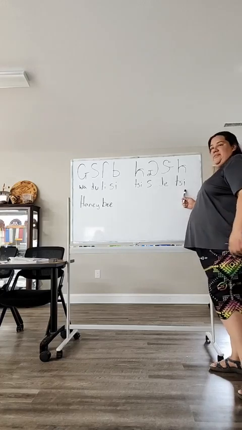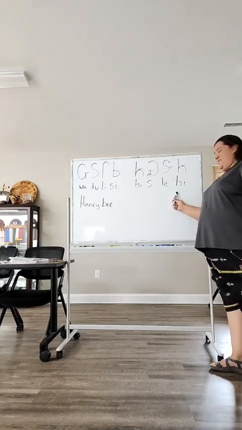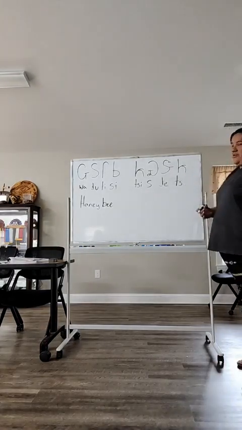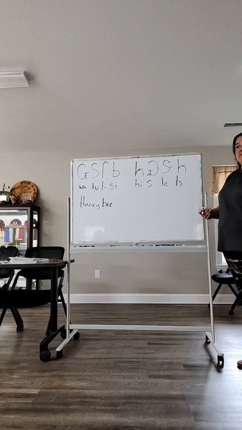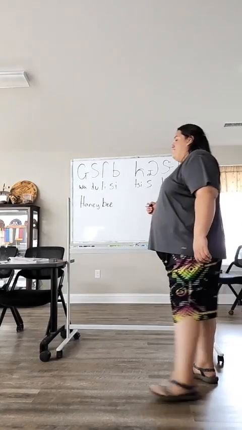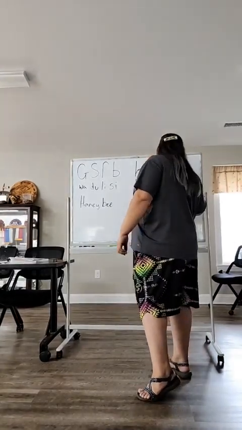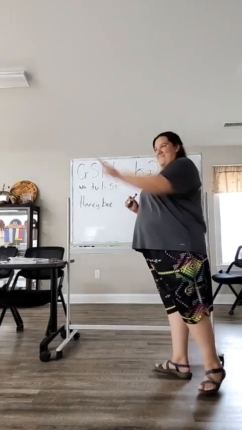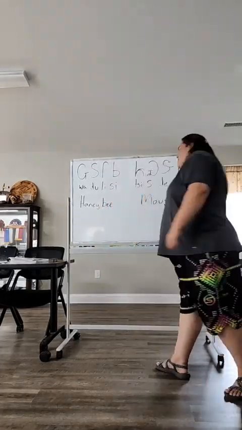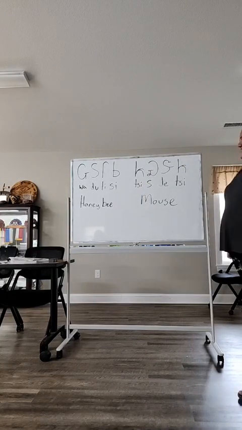Z, stay, Z. You'll hear a lot of the speakers, they drop that off and they'll just say Z stay. What does it mean? Yes, ma'am. Good job. That's our word for mouse. Z stay Z.